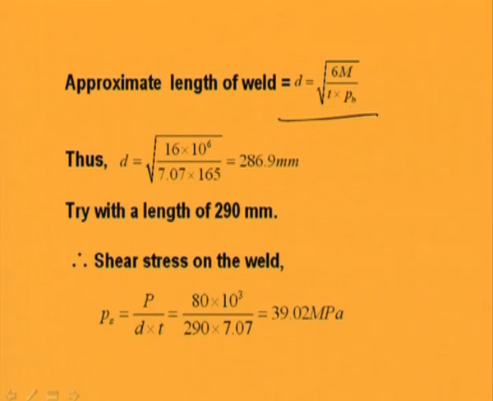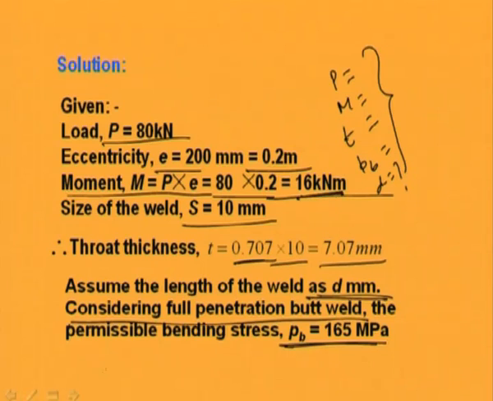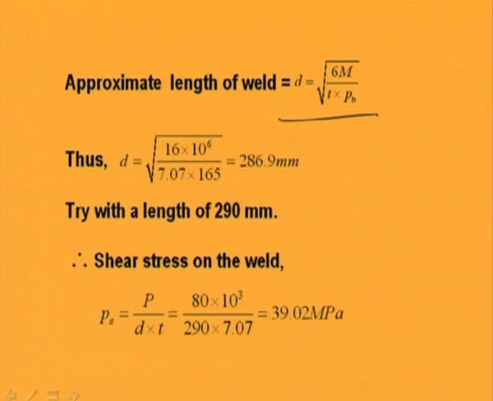Moment is 16 kilonewton meter, so this will be 6 into 16 by T, which is 7.07, and PB is the permissible bending stress as per the Codal provision, that is 165 Newton per millimeter square. So D can be found as 286.9 millimeter. So we can try with a length of 290 millimeter.